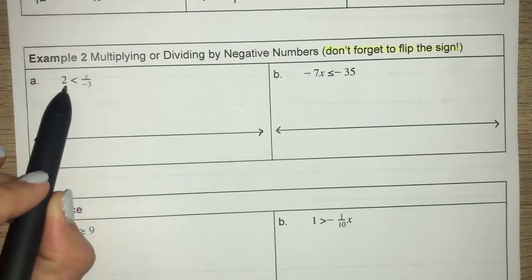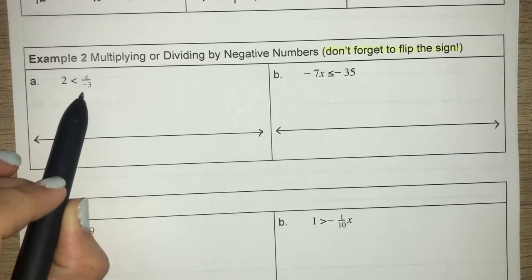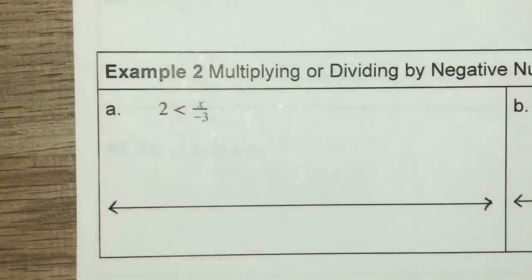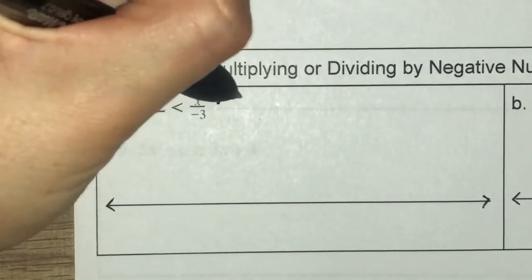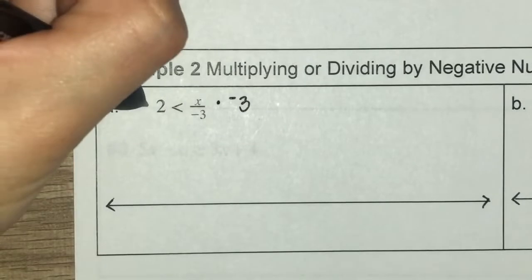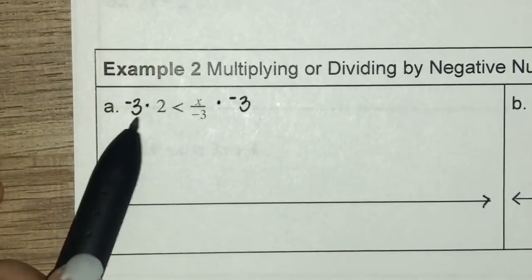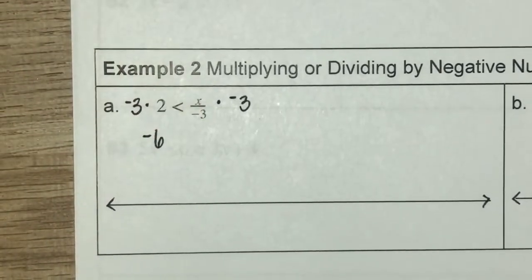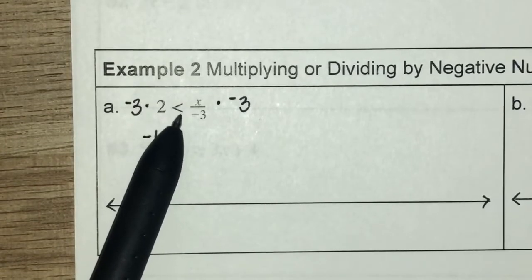So first example is 2 is less than x divided by negative 3. So if I want to undo dividing by negative 3, I know I need to multiply both sides by negative 3. So negative 3 times 2 is negative 6, and then because I multiplied by a negative number, I need to flip the direction of this inequality symbol.